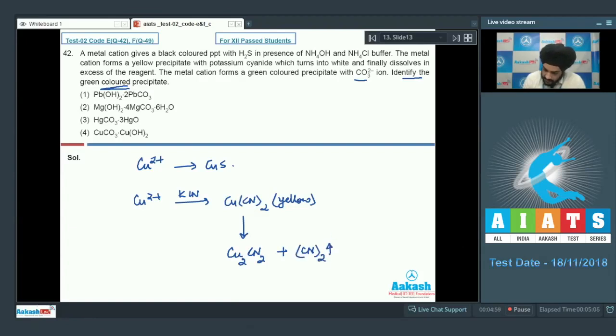So this is white in color. And if an excess of KCN is further added, it forms a complex [Cu(CN)4]3-. Now, when copper reacts with carbonate ions in the solution, it forms a green colored precipitate of basic cupric carbonate. So the correct compound is given in option number 4, and we have to mark option 4 as the correct answer to our question.